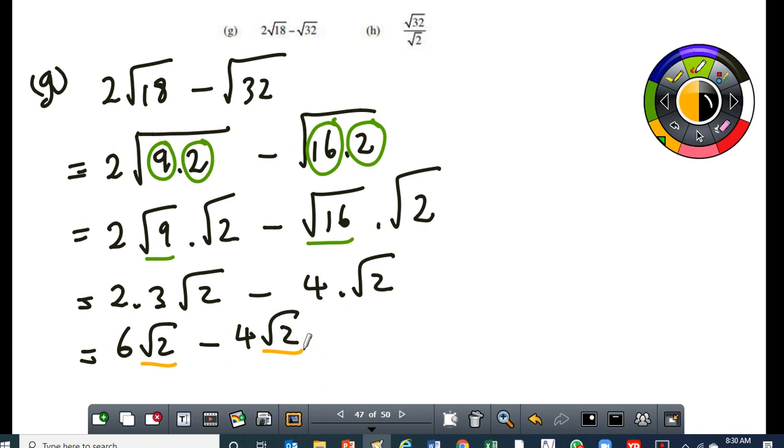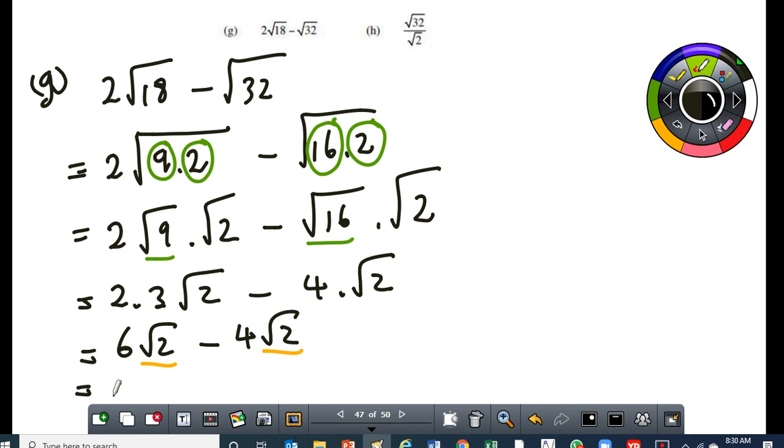If I use the factorization technique, my common factor there is going to be square root of 2. Open bracket, I'll have a 6 inside and a 4. Alright? So my final answer will be 6 minus 4, which is a 2. 2 times square root of 2 will give me 2 square root of 2. That will be my final answer.